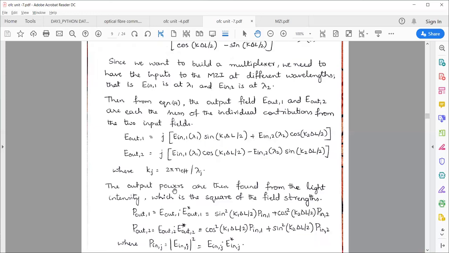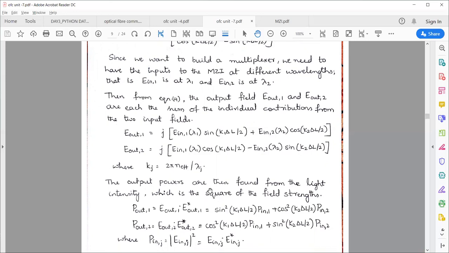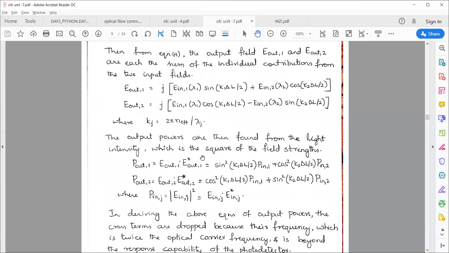So now let me speak in terms of the output powers. The output powers are found from the light intensity of the source, which is nothing but the square of the field strength. As we all know, power is equal to the square of the field. The same concept is being used here.